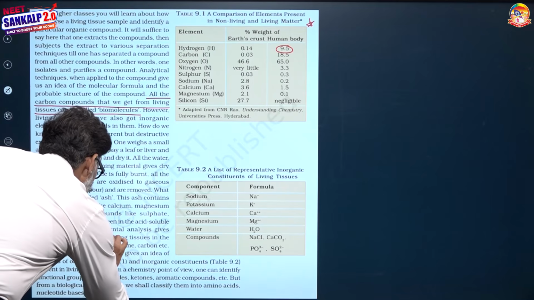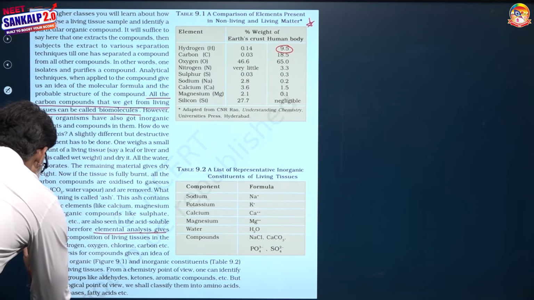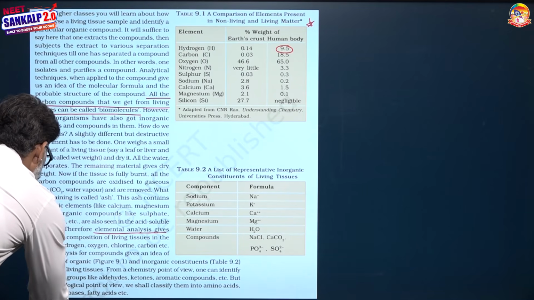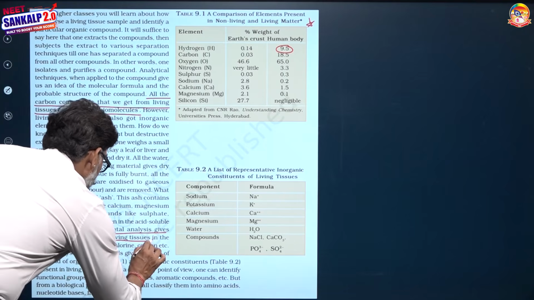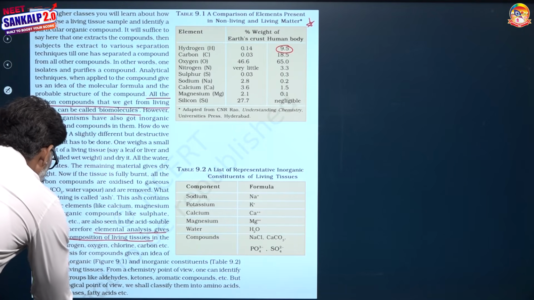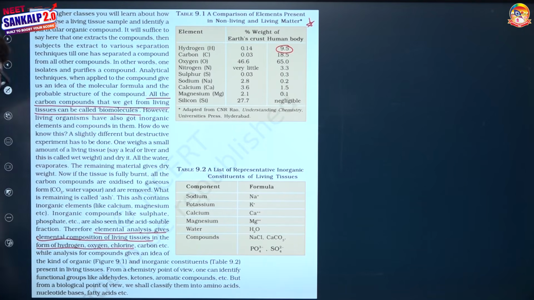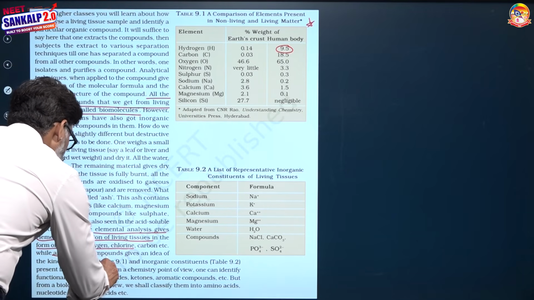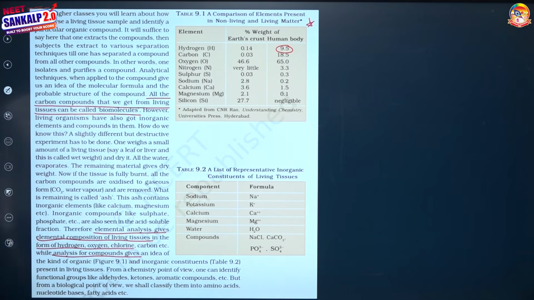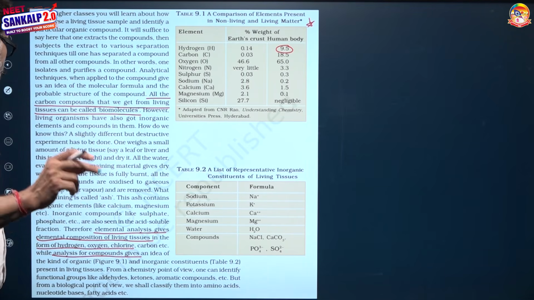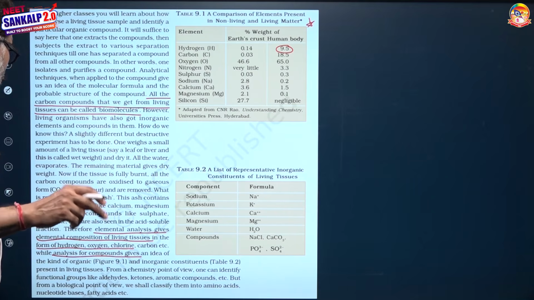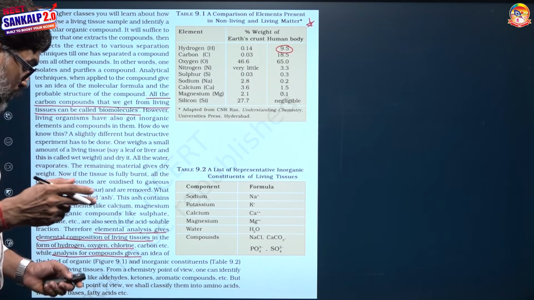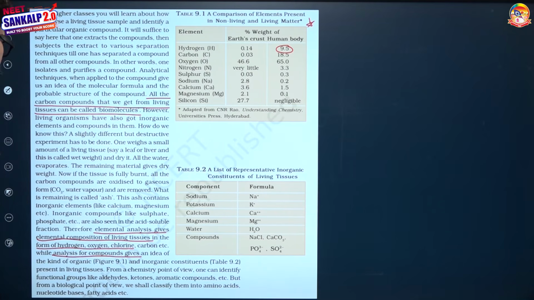Elemental analysis gives the elemental composition of the living tissues in the form of hydrogen, oxygen, chlorine, etc., while analysis for compounds gives an idea of the kind of organic substances. Elemental analysis is about the inorganic elemental composition, and analysis for compounds is about the organic compounds.